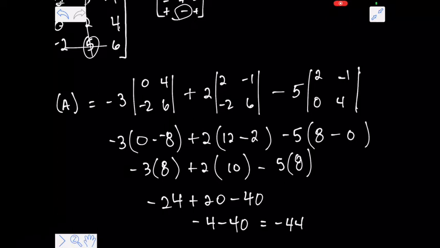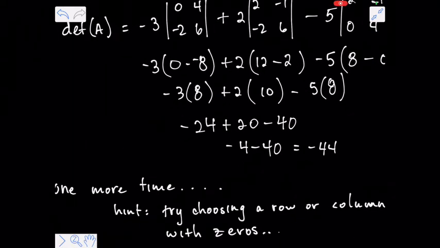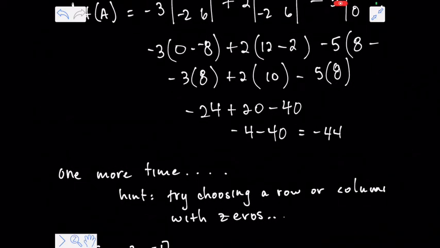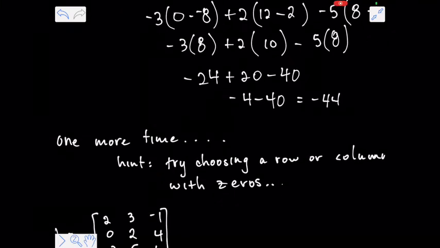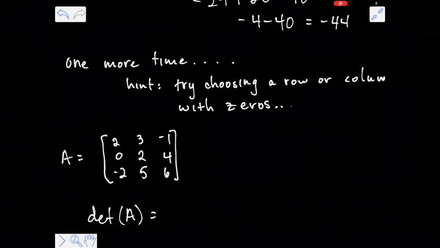Okay. One more time. This process is actually going to be much, much easier if you can choose a row or a column that contains zeros. Well, let me rephrase that.